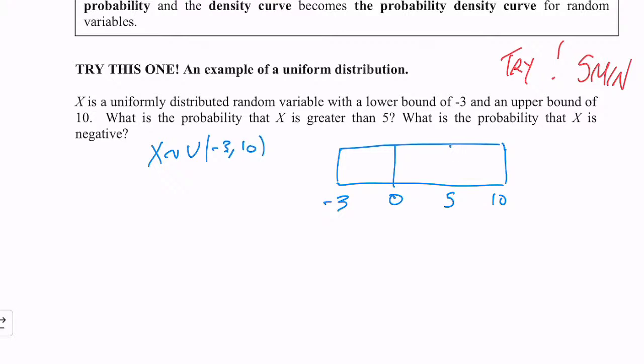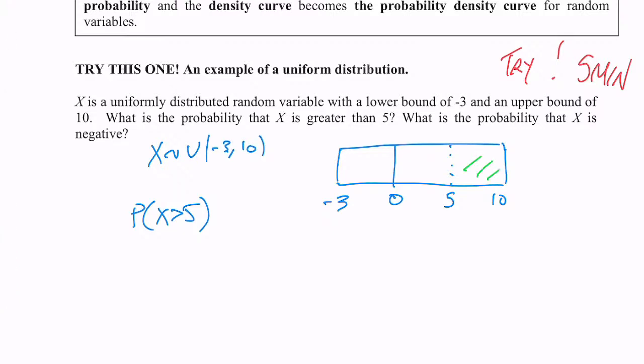Now, I want to get the probability that x is greater than 5. That would be that shaded area.